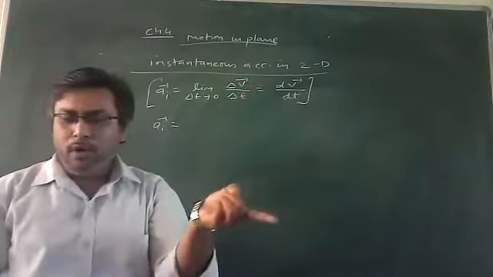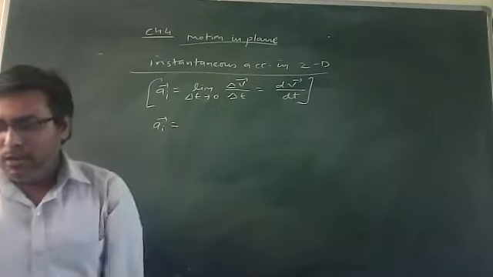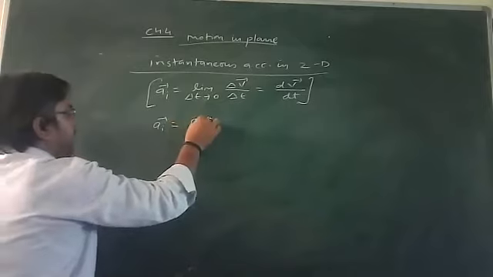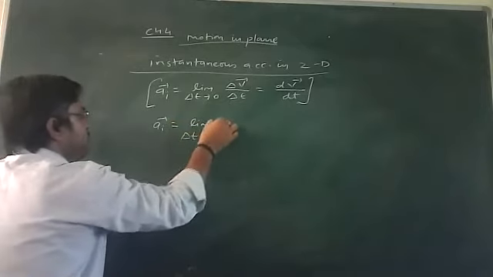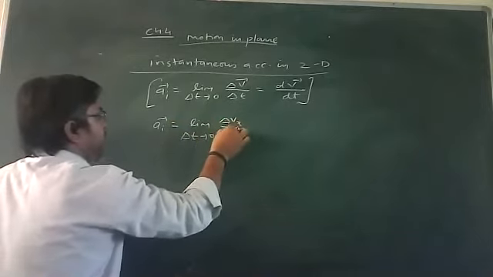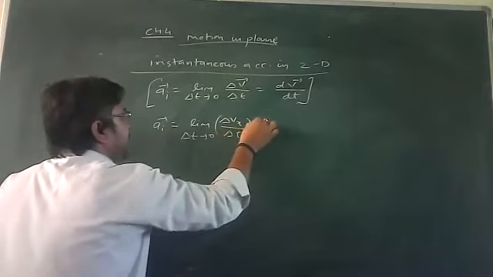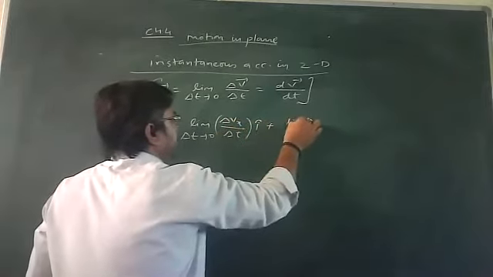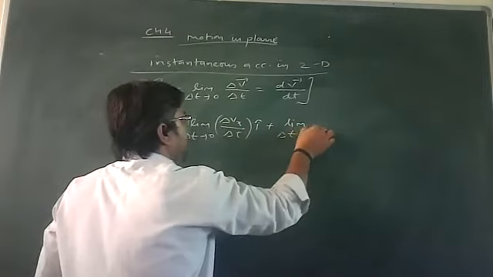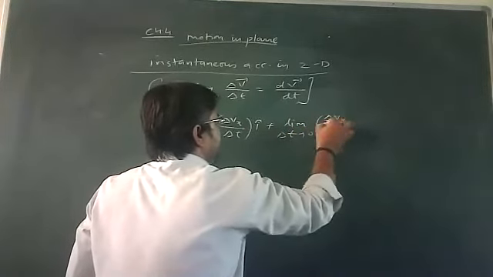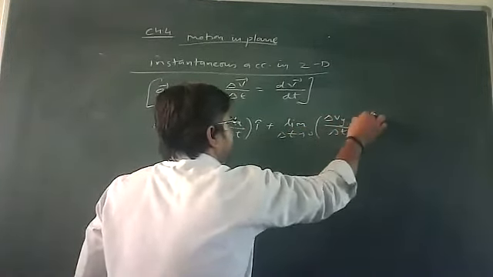Delta v has 2 components, the x component as well as the y component. So I can write limit delta t tends to 0 of the x component, delta vx by delta t, times i cap, plus limit delta t tends to 0 of the y component of change in velocity by time, times j cap.